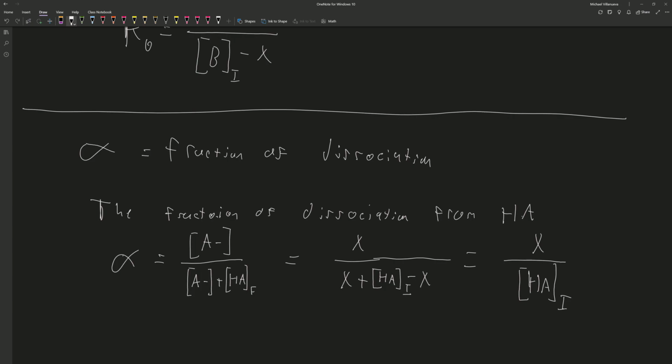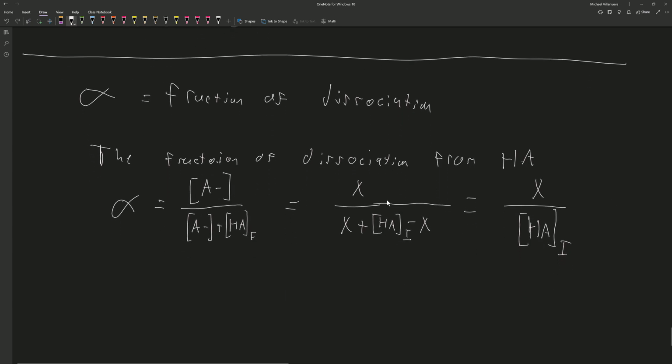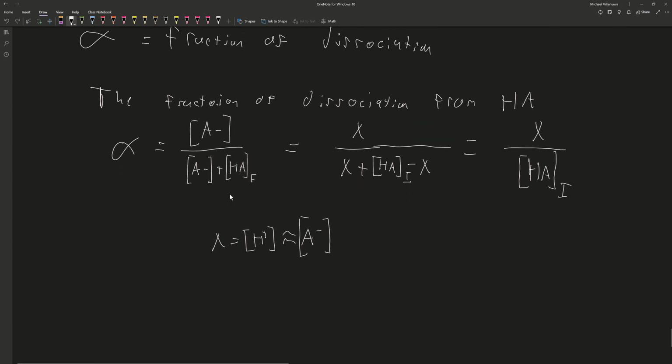So if we have the initial concentration of the acid and we divide X by it, where X is essentially equal to H, which is essentially A, if we take the concentration of A or H and take it over the concentration of the acid, we will essentially determine the dissociation of the hydrogen.